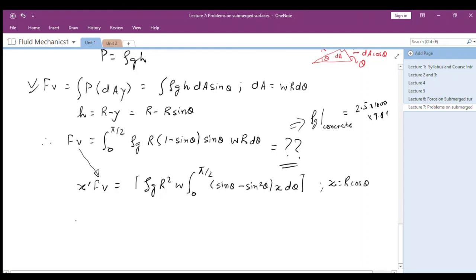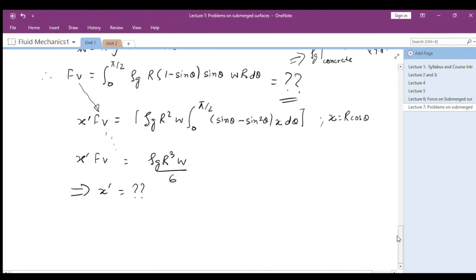So I will find that x dash Fv, again with some steps in between, is rho g r cube w by 6, and from this you can find the value of x dash. You just need to plug in the values and you can find that out.